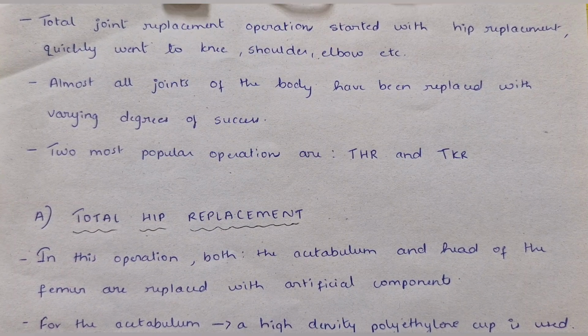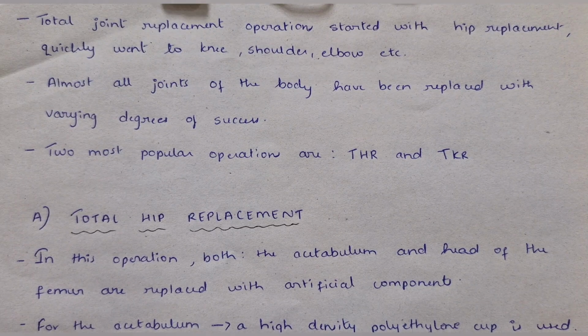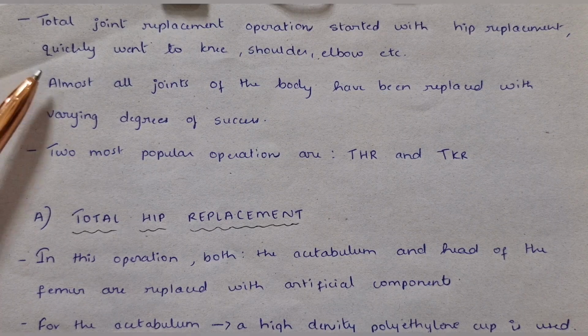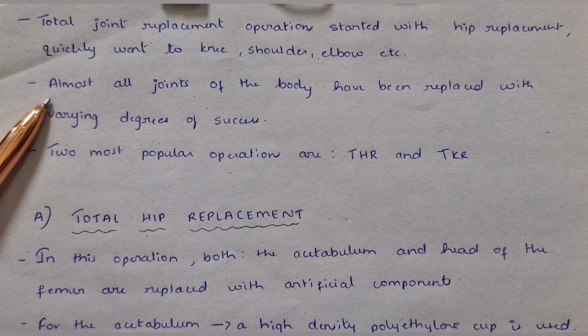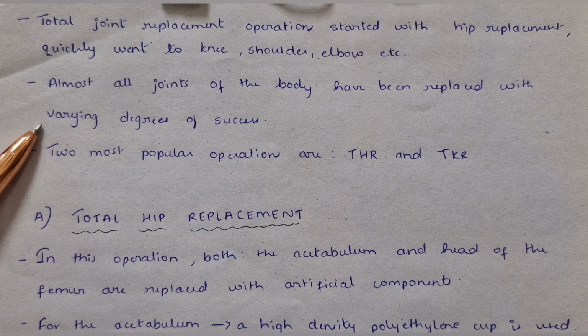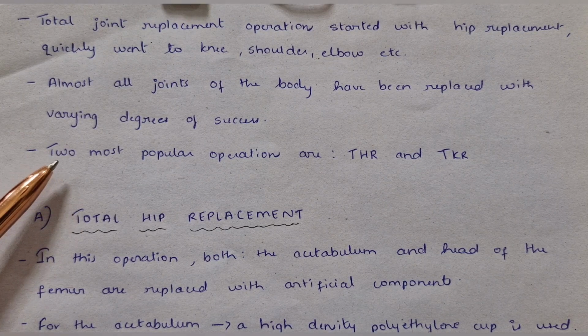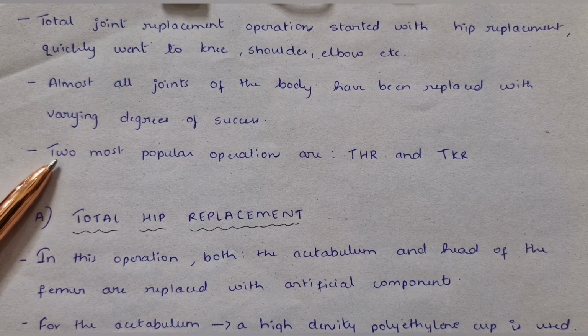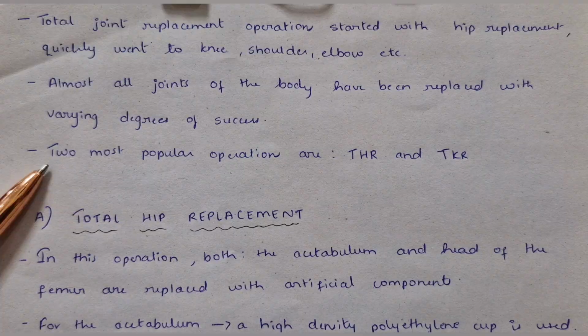Total joint replacement operations started with hip replacement, quickly went to knee, shoulder, elbow, etc. Almost all the joints of the body have been replaced with varying degrees of success. The two most popular operations are total hip replacement (THR) and total knee replacement (TKR).